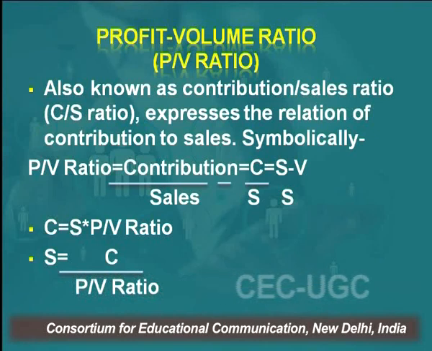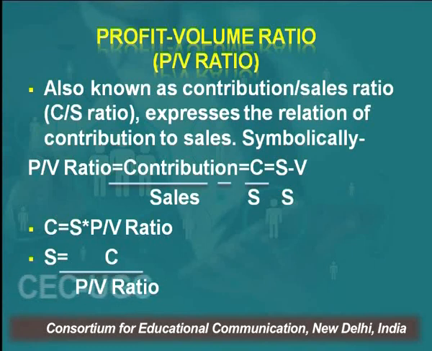That is, PV ratio means profit volume ratio, or we can also call it contribution to sales ratio. CS ratio expresses the relationship of contribution to sales. So symbolically, PV ratio is equal to contribution divided by sales. As I said, it is known as the contribution to sales ratio.